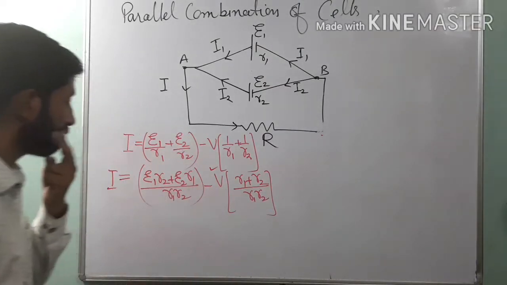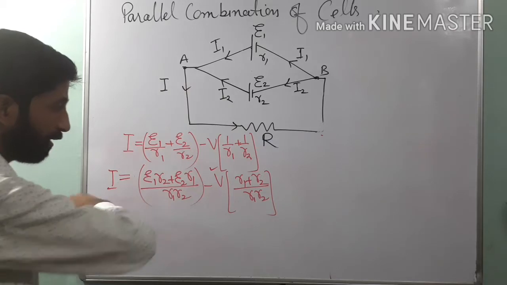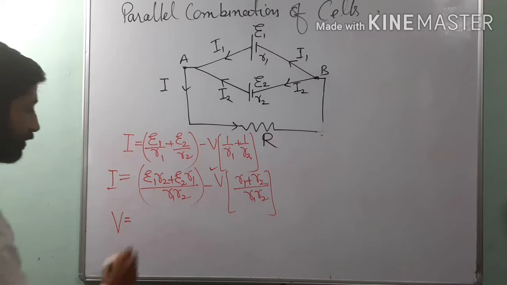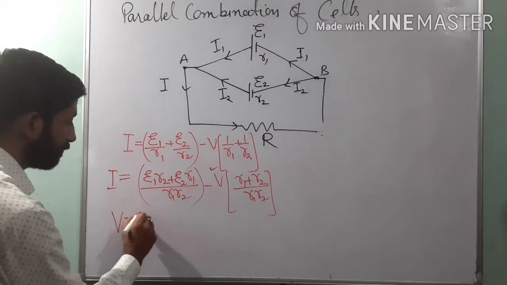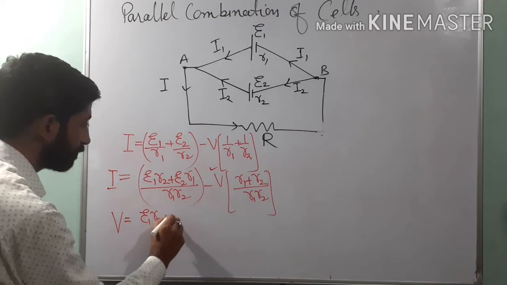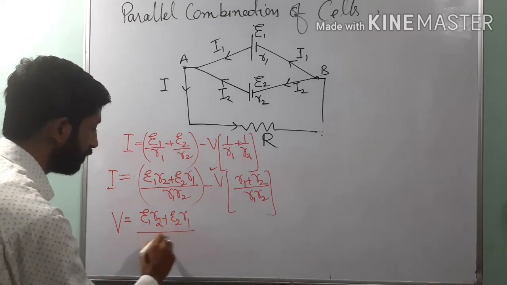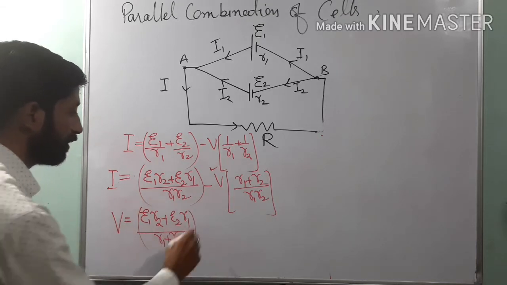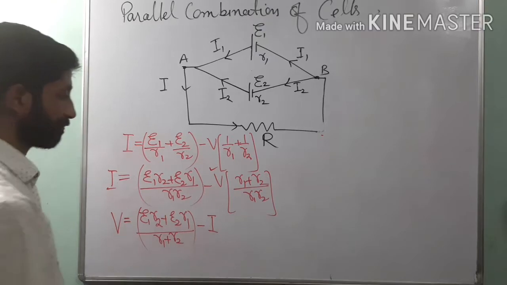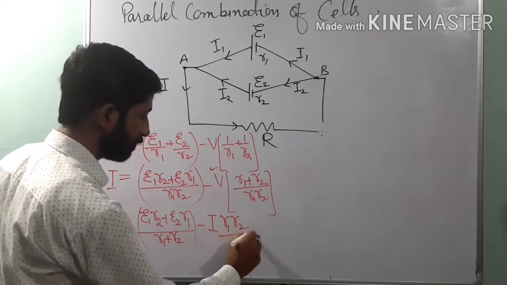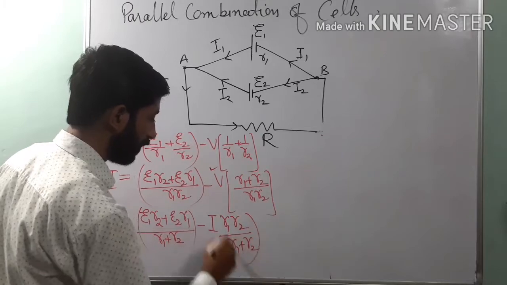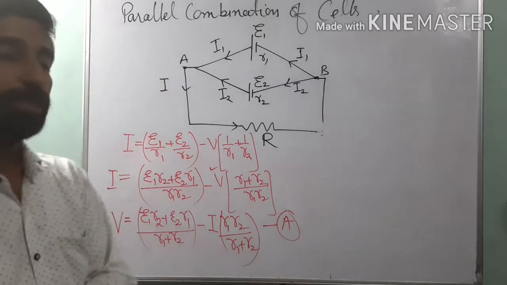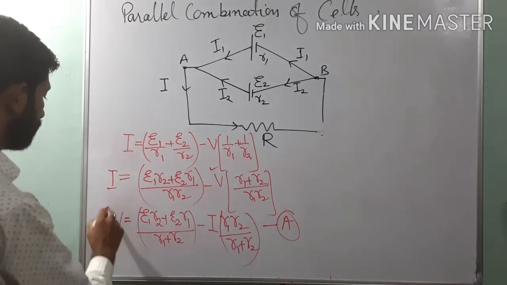For that, what we get? And we shall replace V to the left hand side. So we get V equals to (E1 R2 + E2 R1)/(R1 + R2) minus I R1 R2/(R1 + R2). So this is becoming the first equation A, right?